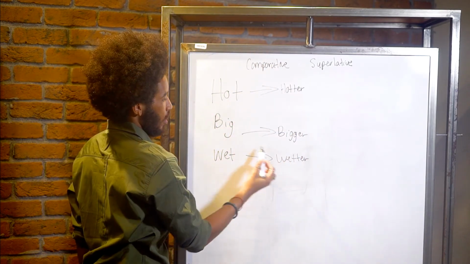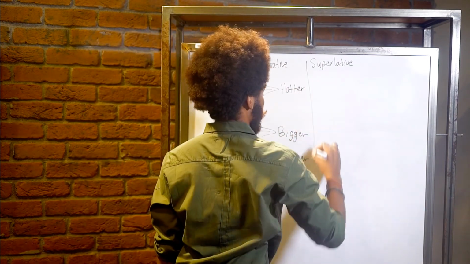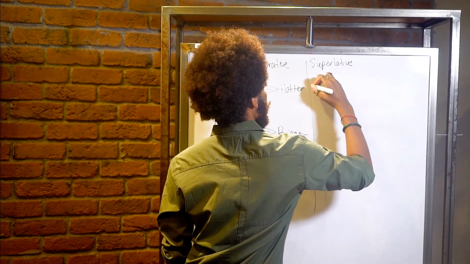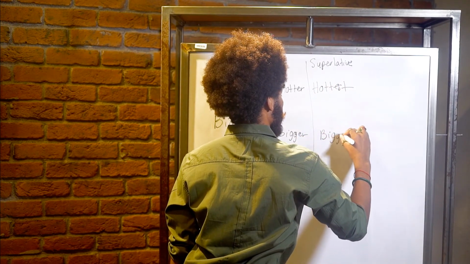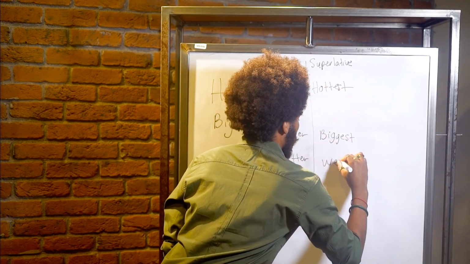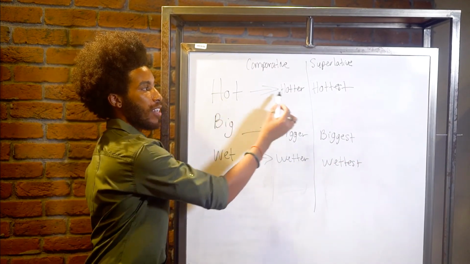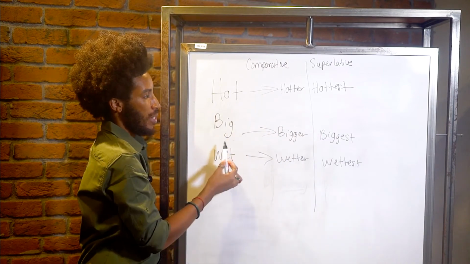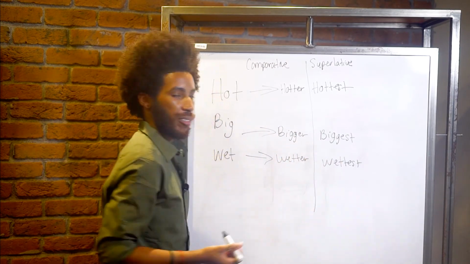As you can see, we doubled the last consonant and added ER. And for the superlative version, hottest, biggest, wettest. We went from hot, hotter to hottest, big, bigger to biggest, wet, wetter to wettest.